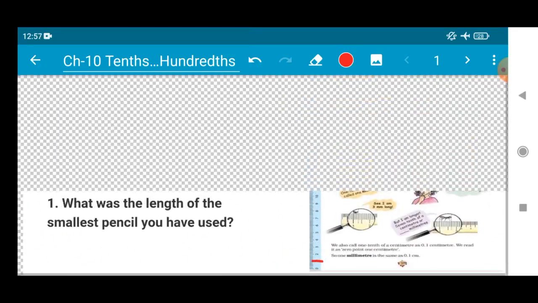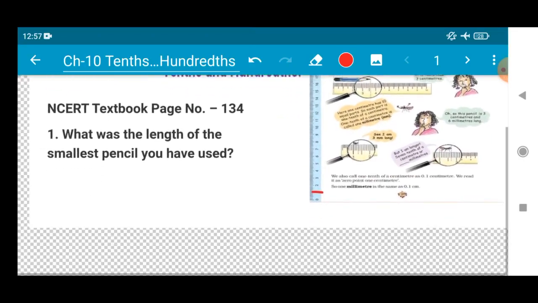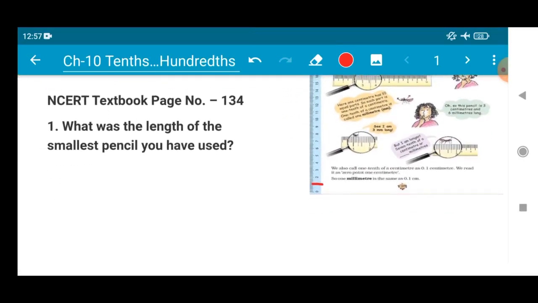Okay, so let us start our topic, which is on page number 134. The question is, what was the length of the smallest pencil you have used? For this you have to go back to your childhood, when you used those small pencils until they were nearly finished.